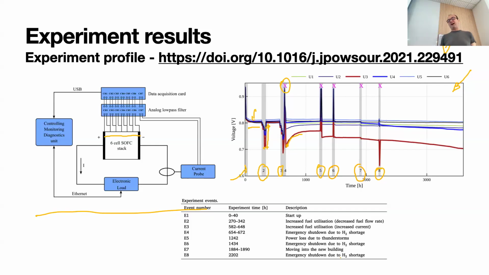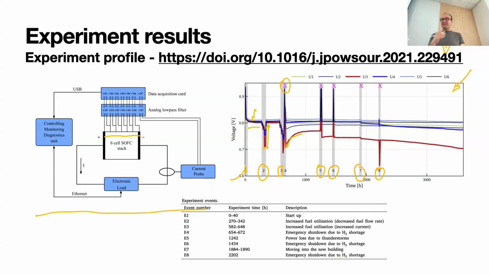Someone might ask, okay, the first one is your fault, the second one so-so, but come on, 3 times? Don't you know how much hydrogen you have? Well, anyway, that is the experiment.